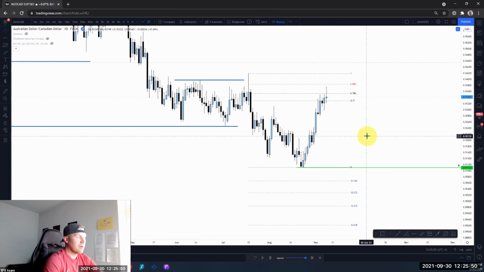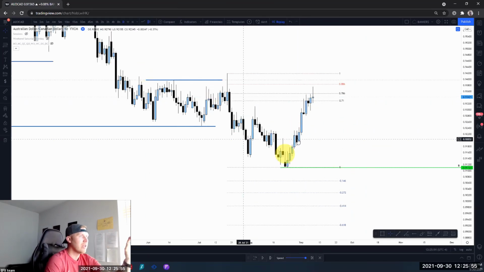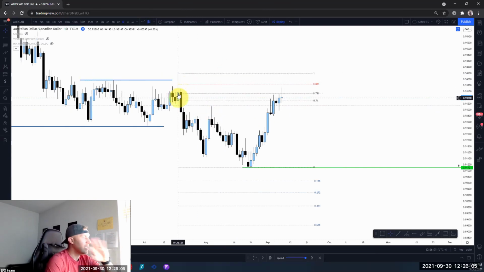So the first thing, the most basic thing that you can do here, if you saw this pattern and you wanted to work in an entry off of this, all we want to do is look at this candle here. And this is a daily, and the daily showing quite a bit of wick. I'll drag that over.